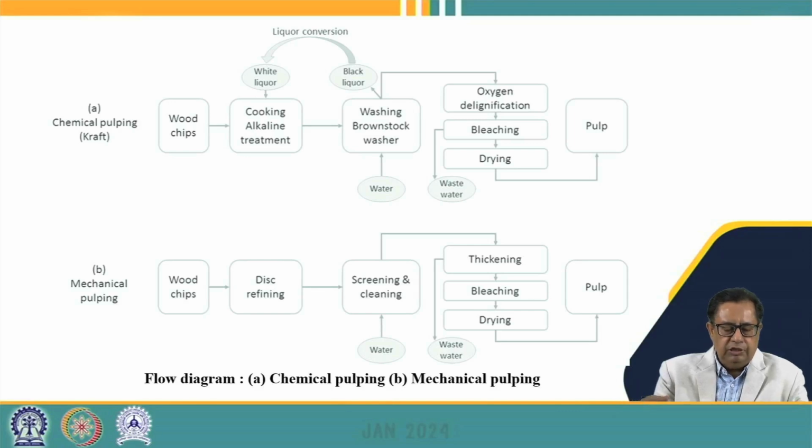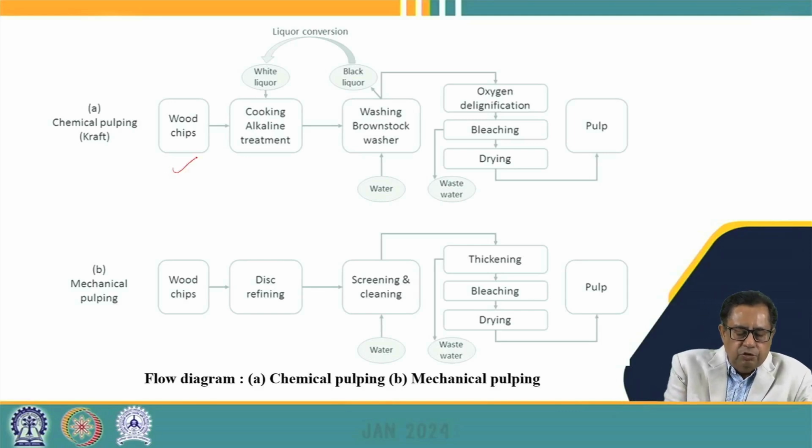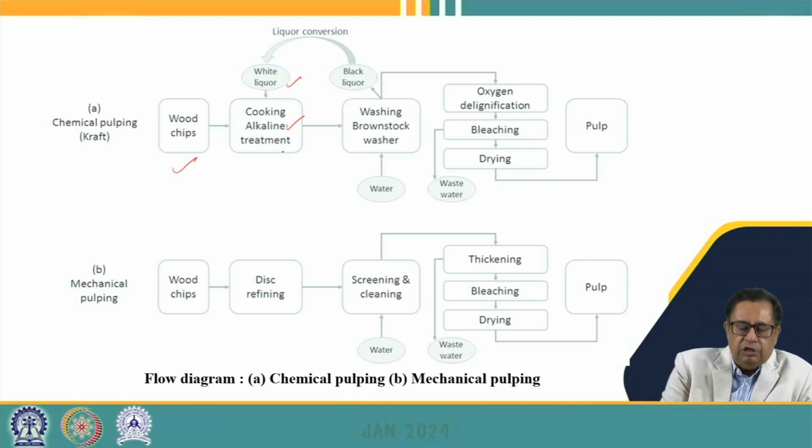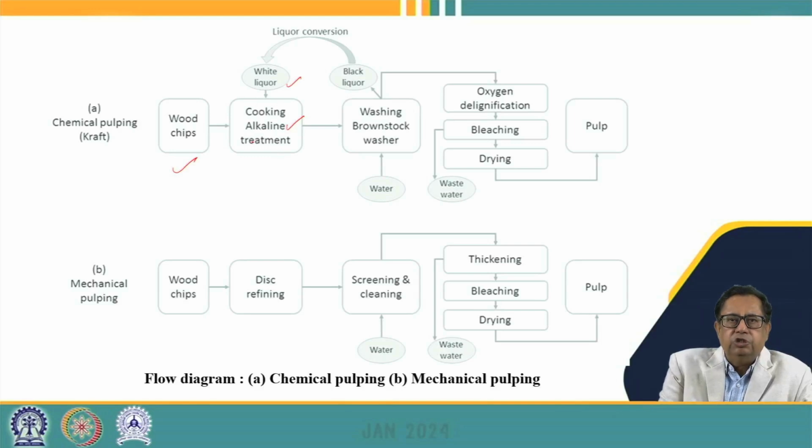So we can see here that when we are going for chemical pulping, we take the wood chips here. In that case, we may go for the cooking or the alkaline treatment. So we add white liquor here. For example, when we talk of the kraft process, this white liquor may be added, or whatever chemicals we are using for the process may be added here, along with the wood chips, and this is digested at very high temperature and pressure.